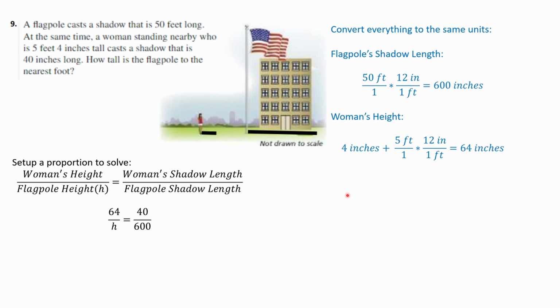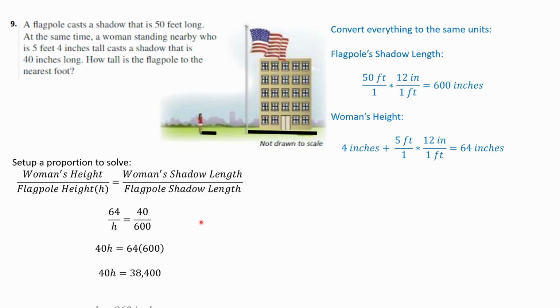And that would result, if I use everything in inches, 64 is her height divided by h is equal to 40, which is her shadow length, divided by the 600 inches that we found for the shadow length of the flagpole. And then cross multiplying gives me 40h will be equal to 64 times 600, which is 38,400.